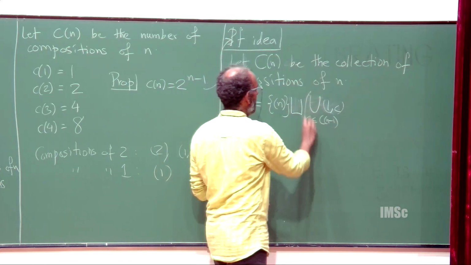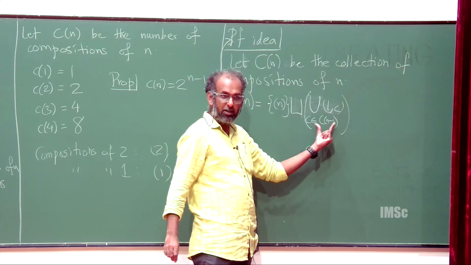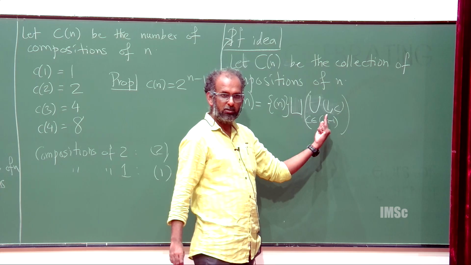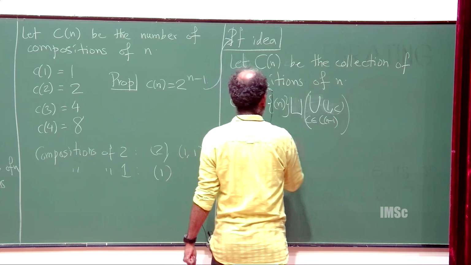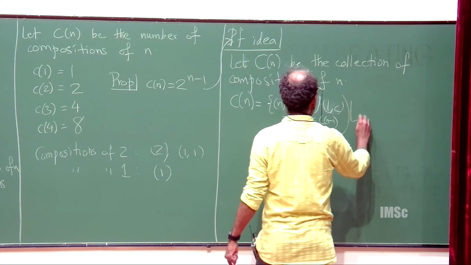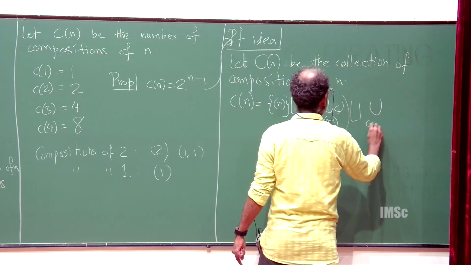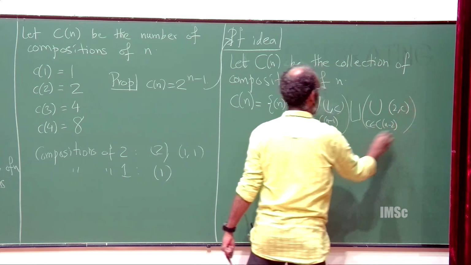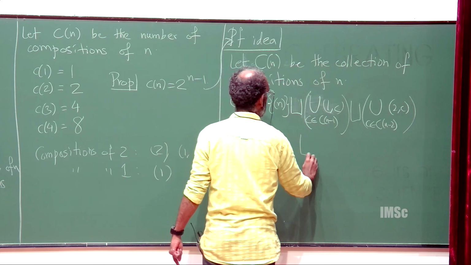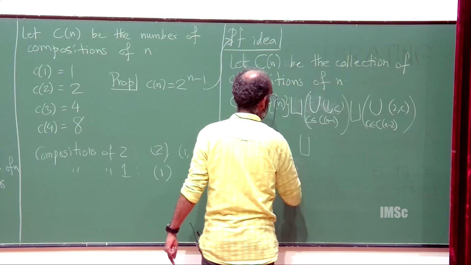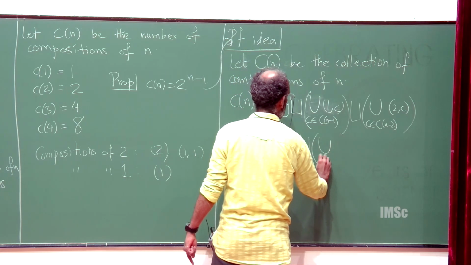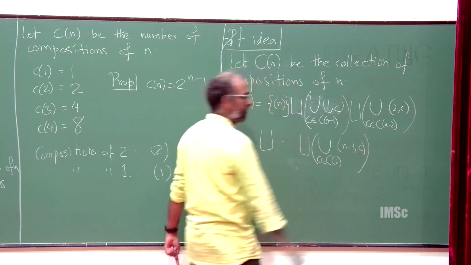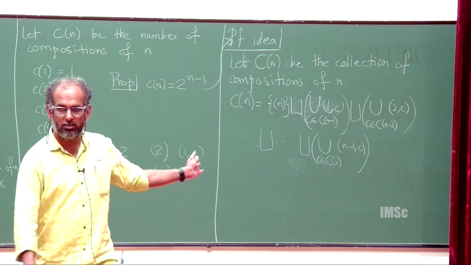Here I am taking all compositions of n minus 1 and putting a 1 before it. Union C in C of n minus 2, (2, C), etc. Union C in C of 1, (n minus 1, C). This is what he said.